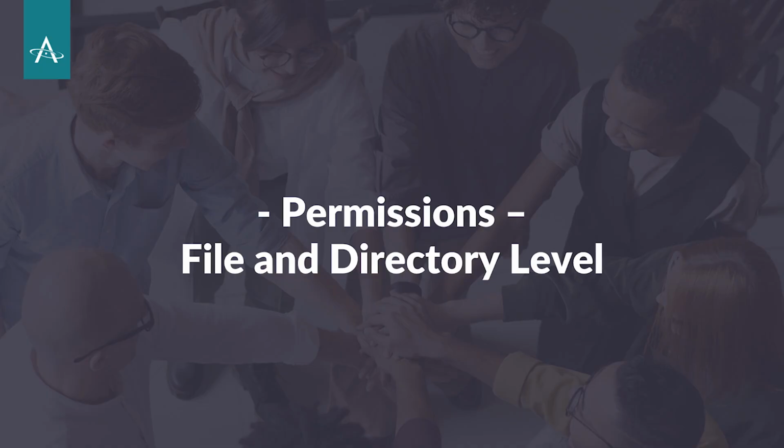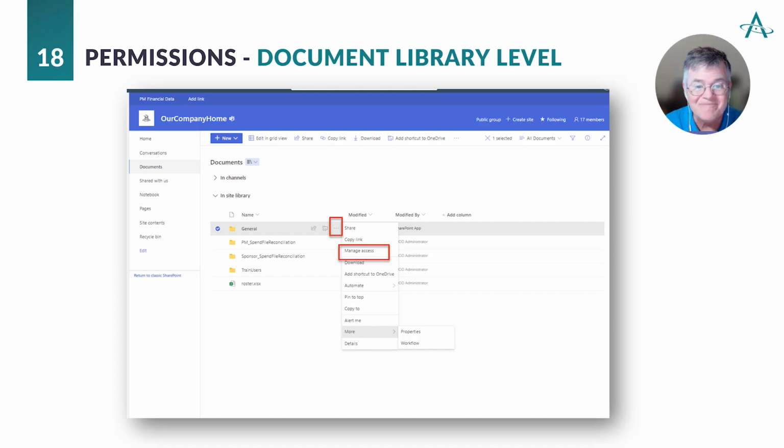All right, let's move along and talk a little bit about the file and directory level. Sometimes you may want to give permissions to a certain directory or even a certain file. This is not a best practice.